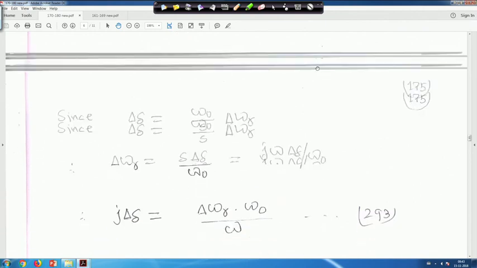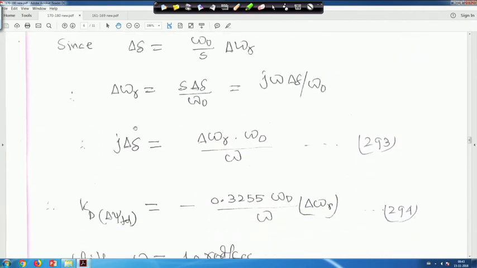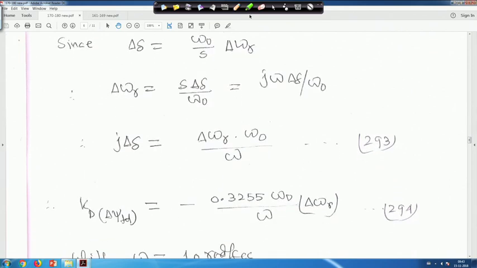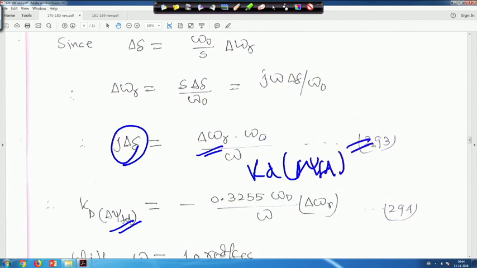That means j delta delta is a function of delta omega r and omega 0 upon omega. So K_D delta psi f d is equal to minus 0.3255 j delta delta.